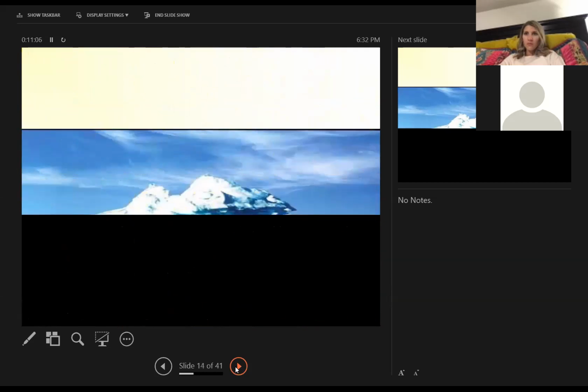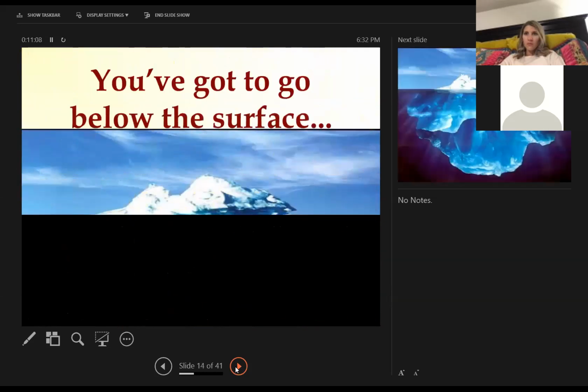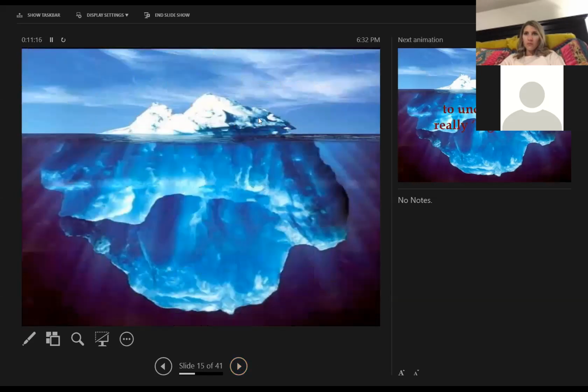Okay. So you've got to go below the surface. I think many of us have seen the iceberg analogy where this is all you see on top. So that may be the activities and stuff, but the real test of a great lesson that's going to create enduring and sustainable student learning occurs in the planning stage.